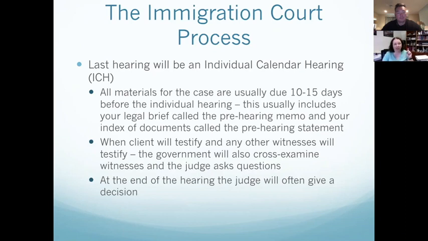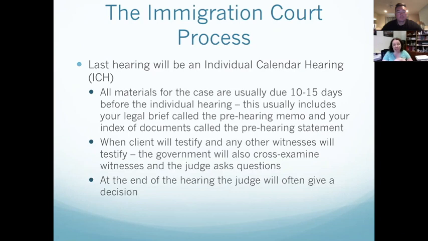The immigration court handbook says the deadline is 15 days. Another judge says 2 weeks. So you need to listen at your hearing when the judge says the materials are due, but usually they're due in that 10 to 15 day time frame before. If they don't say, then you default to the 15-day deadline before the individual hearing.